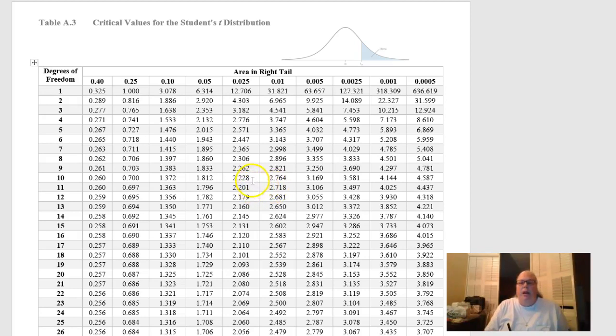And if I read up the column, the p-value for the 2.201 is 0.025, and the p-value for 2.718 is 0.01.